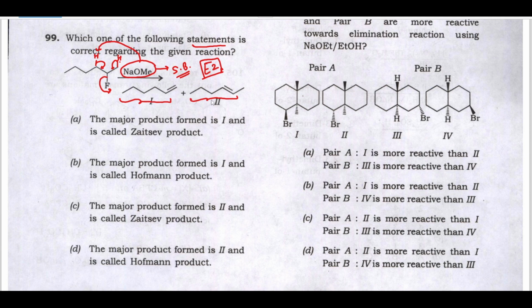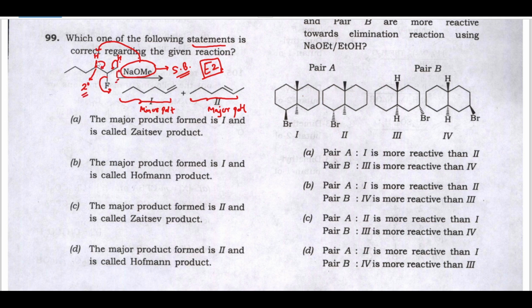Two products will be formed, so one should be major and one minor. In this case, this is the minor product and this is the major product. Because this is a strong base, it can abstract this proton from the carbon which is secondary, and this carbon is primary in nature.